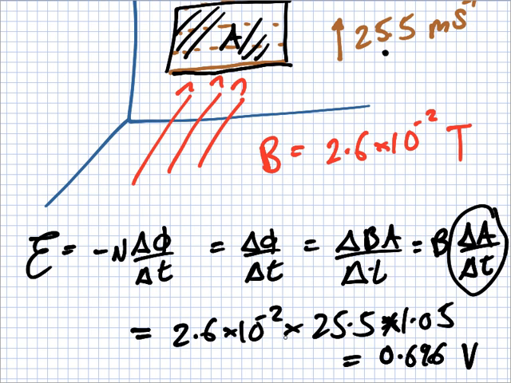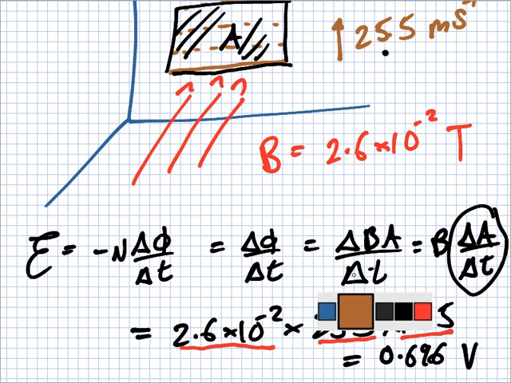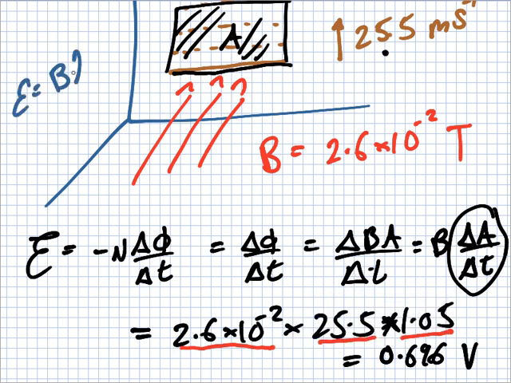And you're right, you've spotted that this is B, this is L, and this is V. So you could actually say the EMF is BLV. But after a little bit of work, you can see it actually is the same thing.